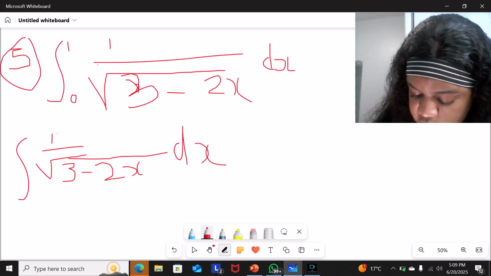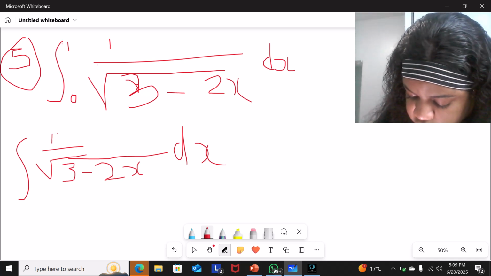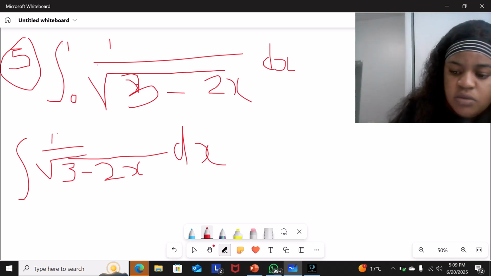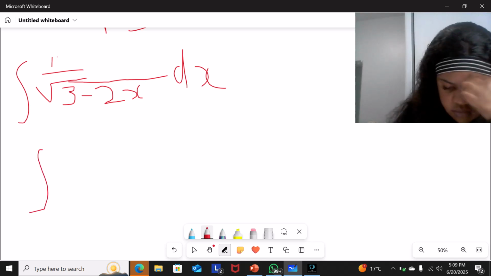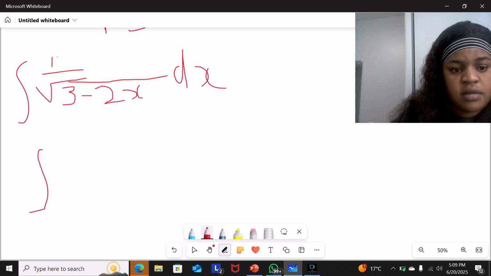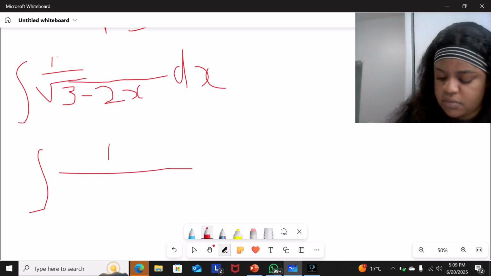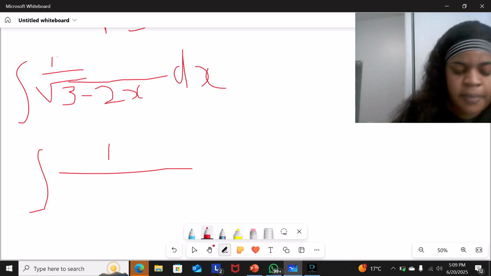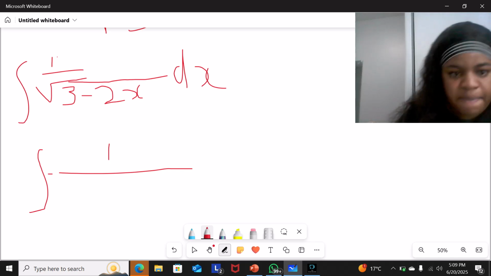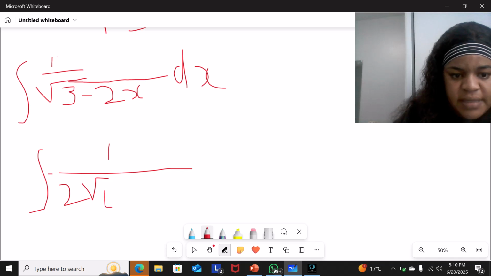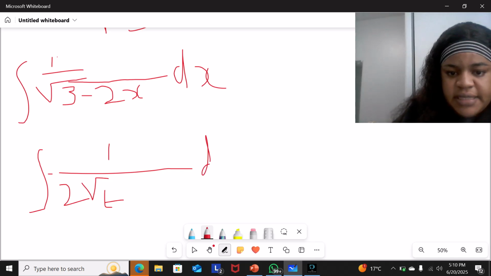And then we are going to substitute t. We are going to solve this one. It's going to be negative 2 root t dt.